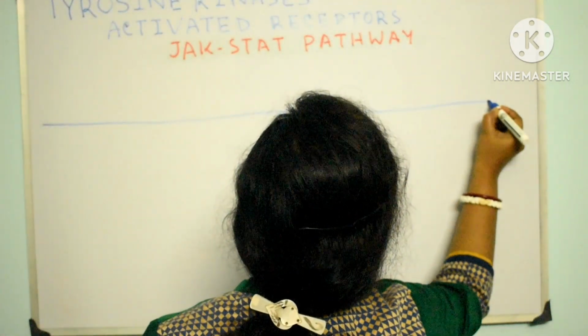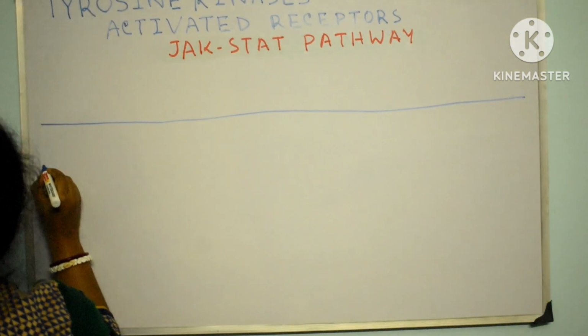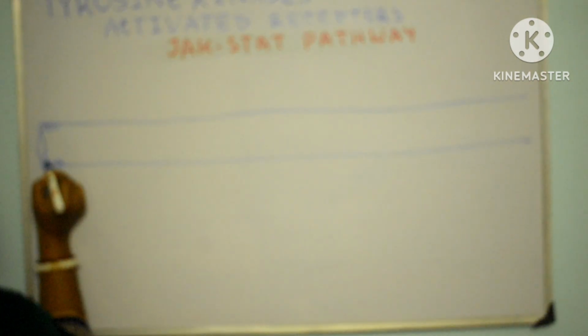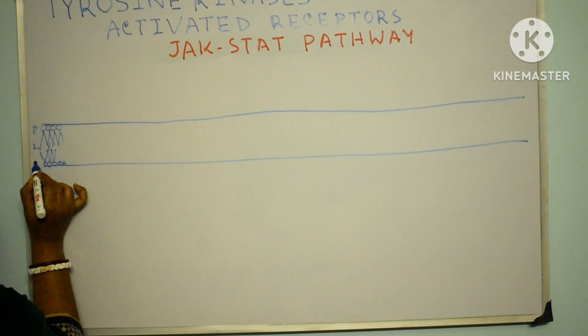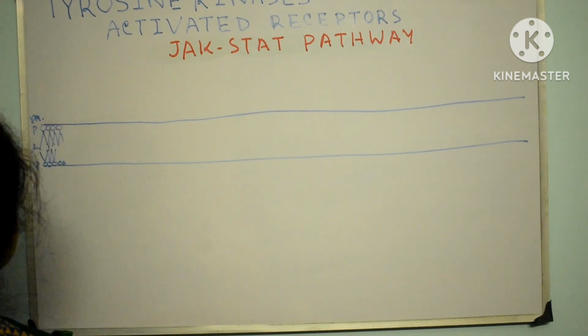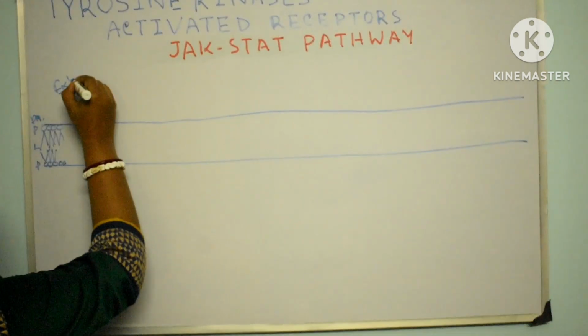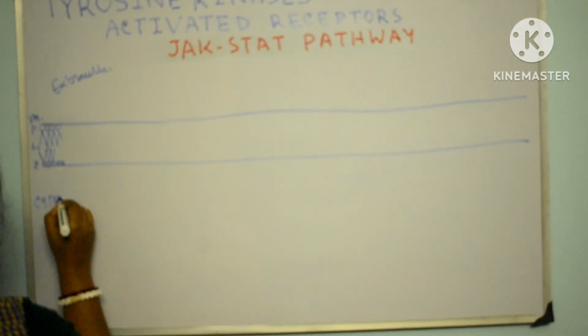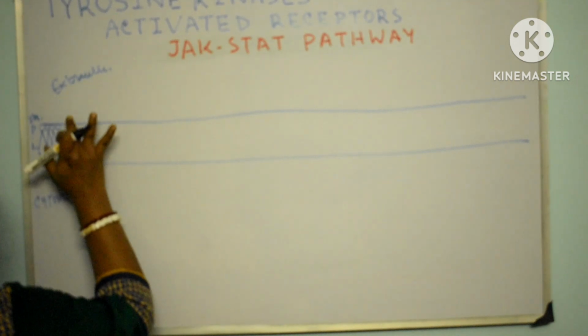Like all other diagrams, this is the plasma membrane, and you should draw it in this fashion throughout. This is the phospholipid layer of the PM, plasma membrane. This is the extracellular space. This is the cytosol.